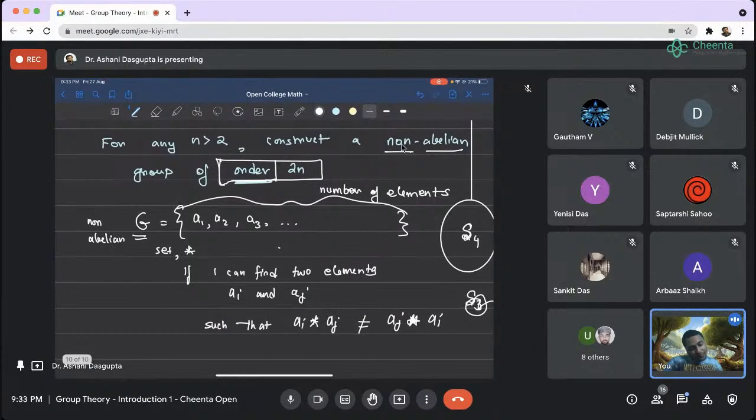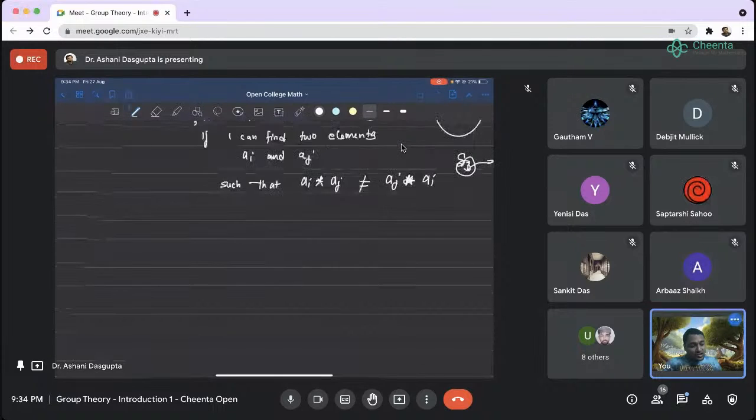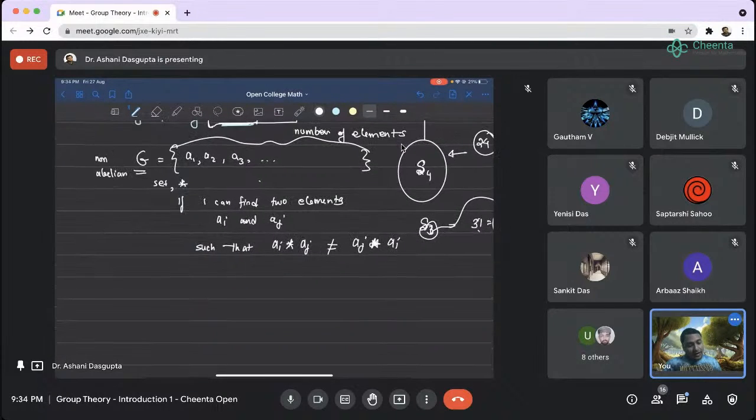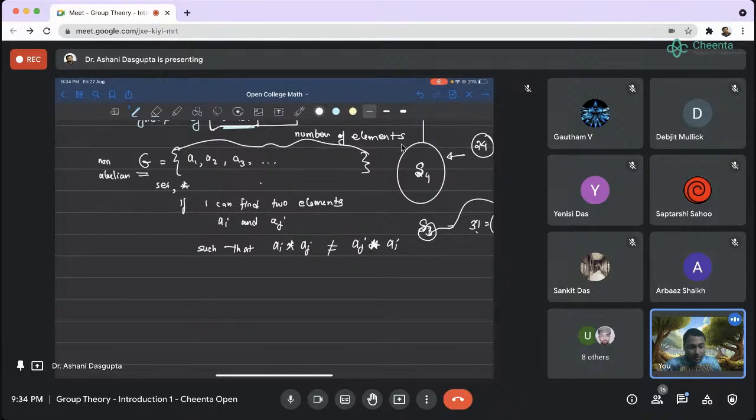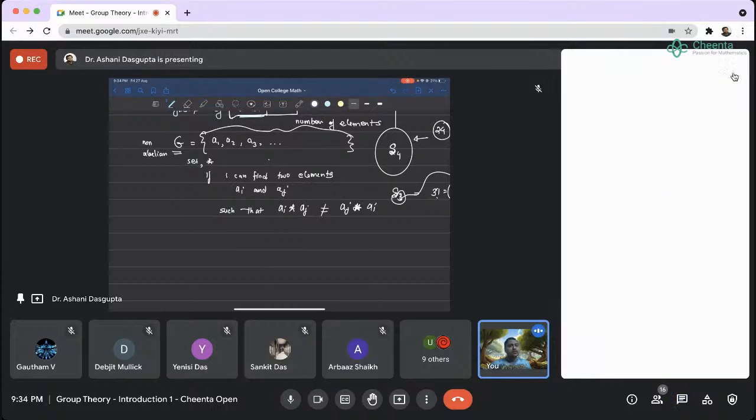Now let's look at the problem one more time. For any number n greater than 2, we want to construct a non-abelian group of order 2n. A non-abelian group of order 2n. That's what we want to do. So we want a general construction, but before we do that, someone just mentioned dihedral groups here in the chat.